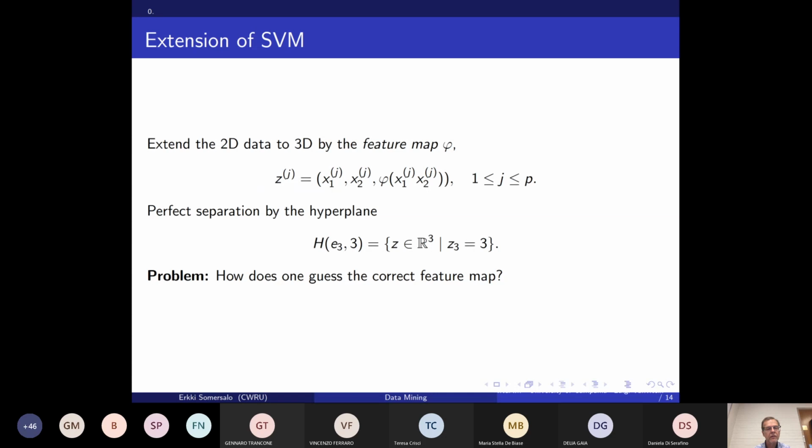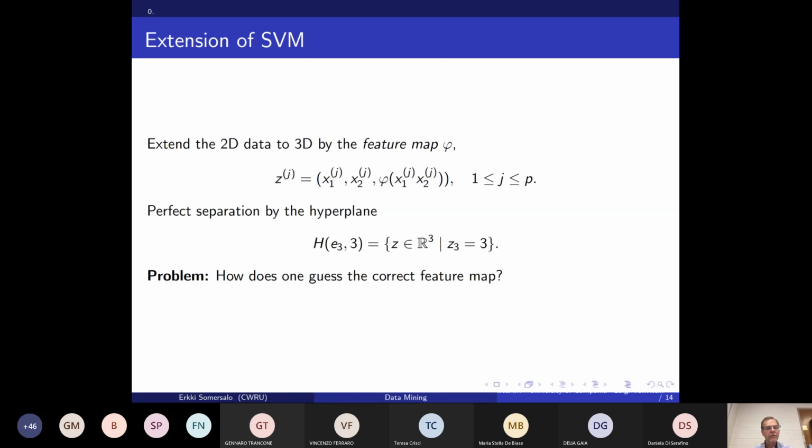This is called the kernel extension. So what did I do? Let's try to analyze it carefully. I extended my 2D data into a 3D space using a so-called feature map phi. In data science, this function phi would be called a feature map. So I extend my point xj, which has two components, x1j, x2j, to be a new data point zj, which has three components, and the third component is this feature map evaluated at the point x1, x2.